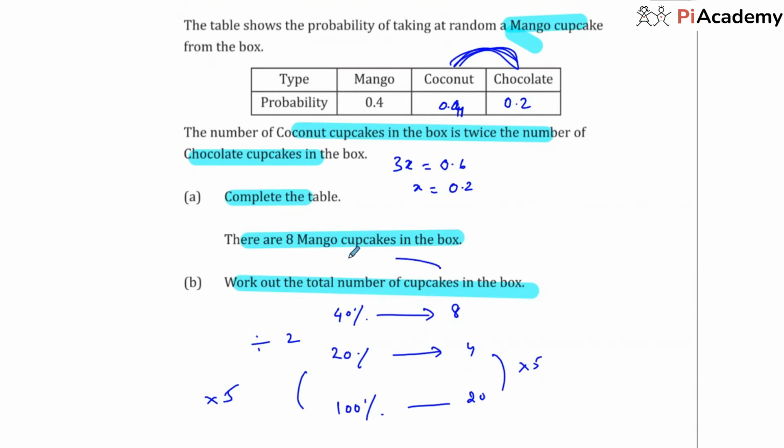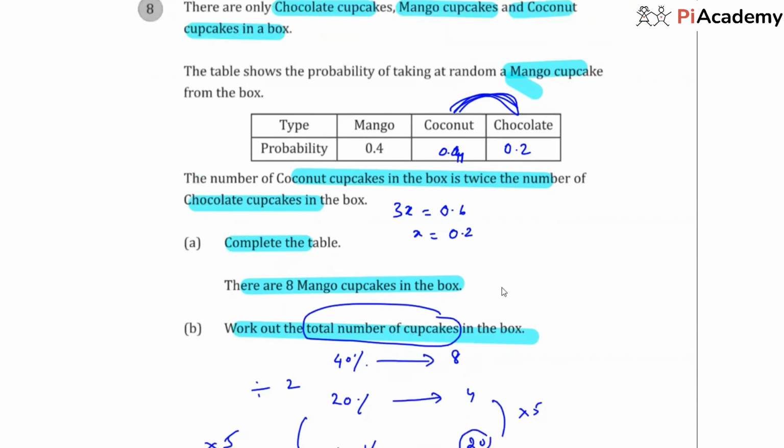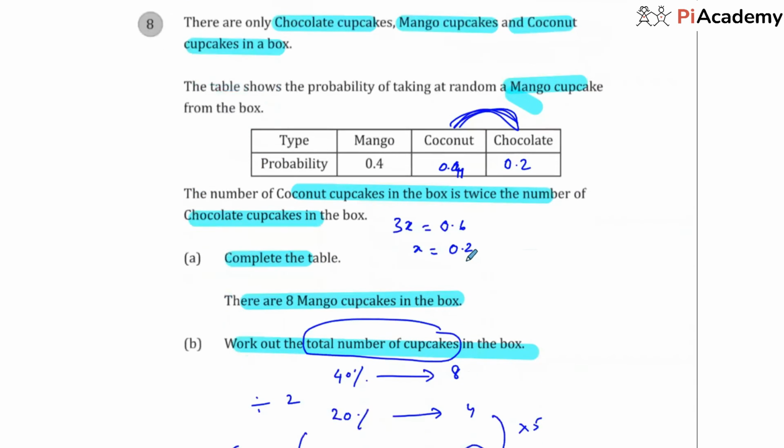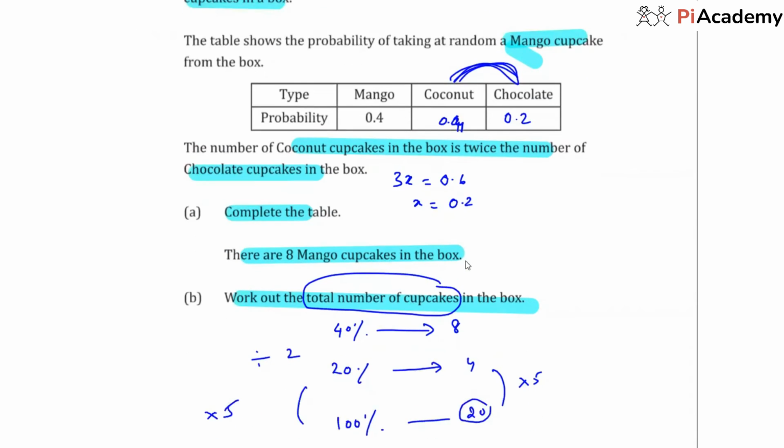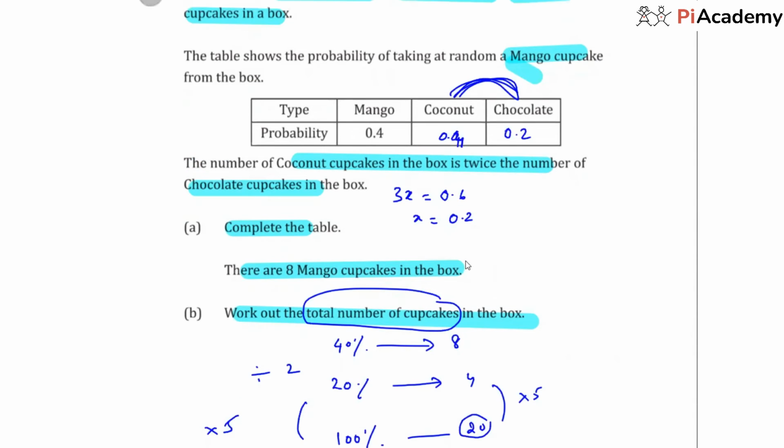No, he's asking the total number of cupcakes. The total number of cupcakes is 20, right? No, because if that's 8, as in there are 8 mangoes, that's 40% of how many there are in total.